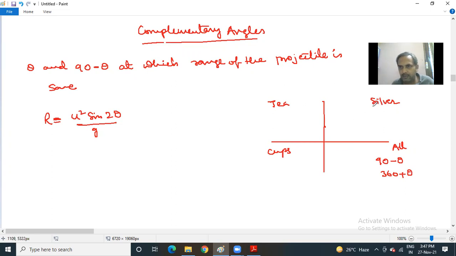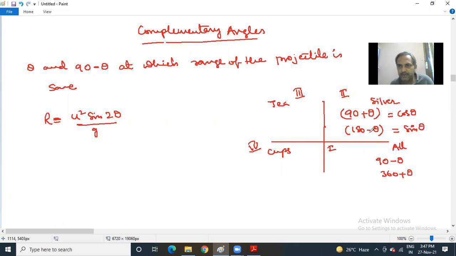In the second quadrant, this is the second, this is the first, this is the third, and this is the fourth. So in the second quadrant, what we write is sine 90 plus theta, and sine 90 plus theta we directly write as cos theta. So sine is positive. Even sine 180 minus theta is sine theta.